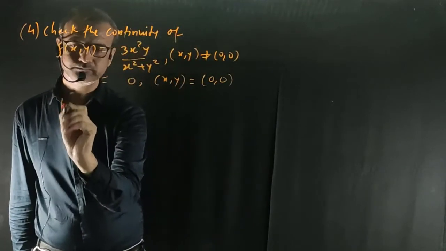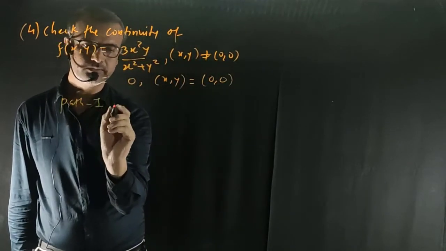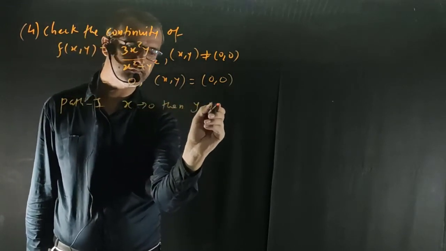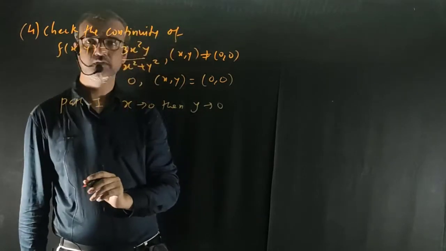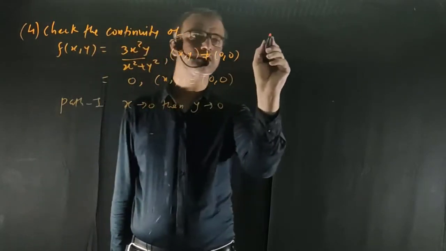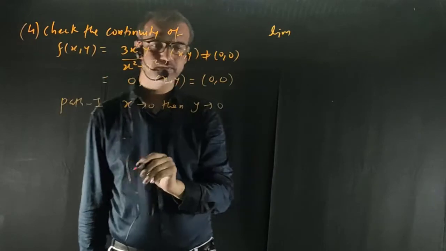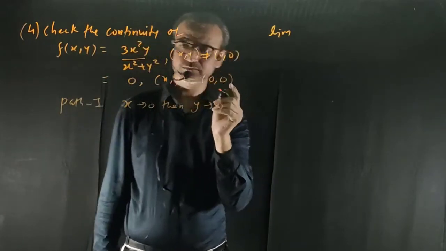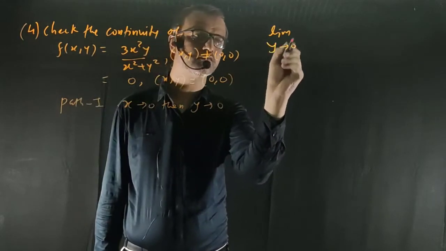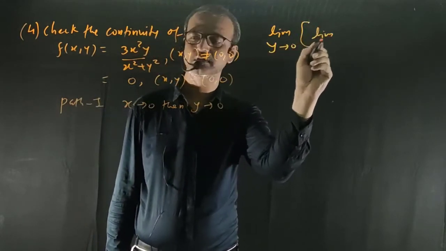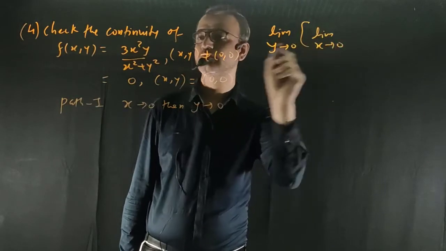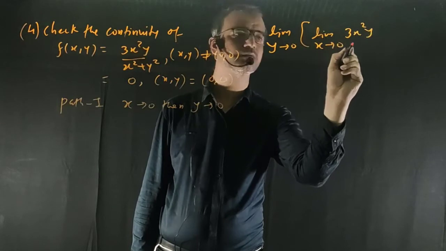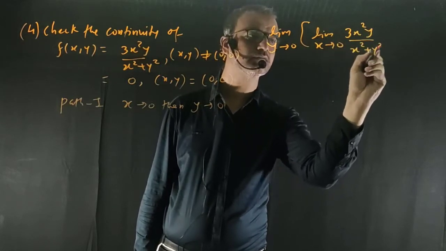So path number 1, x tends to 0, then y tends to 0. Therefore limit y tends to 0, then after limit x tends to 0, and the function is 3x square y divided by x square plus y square.